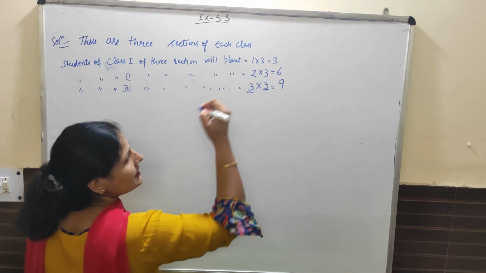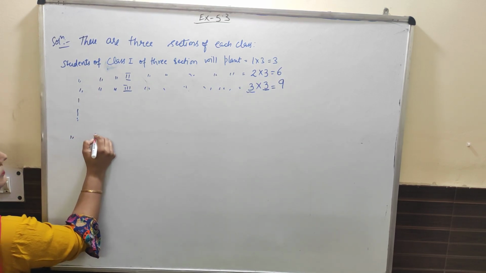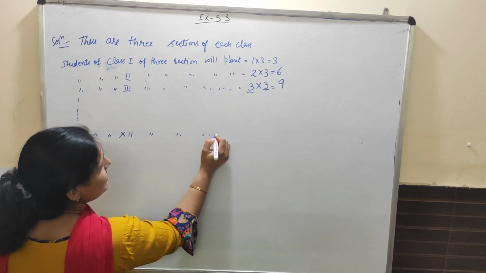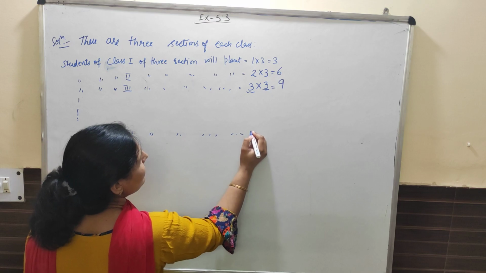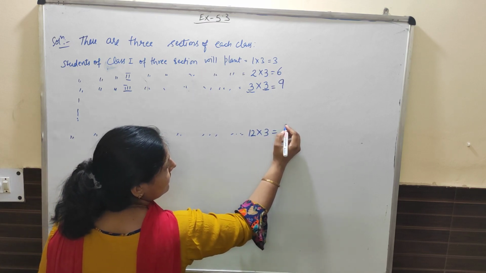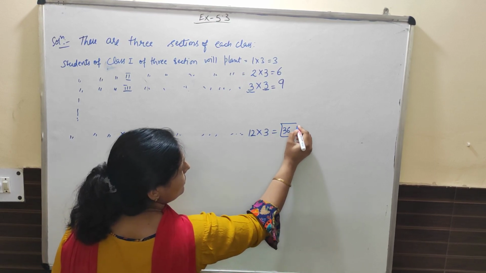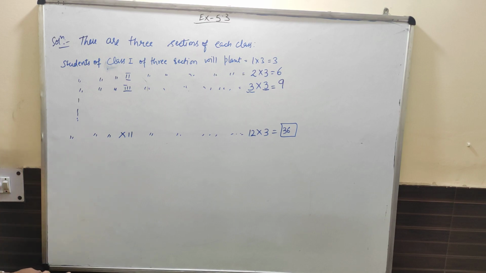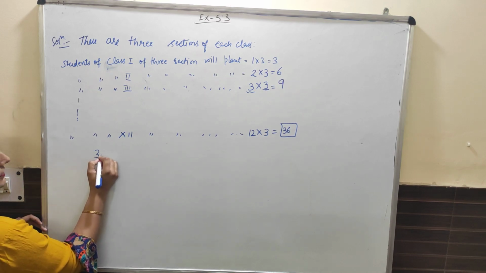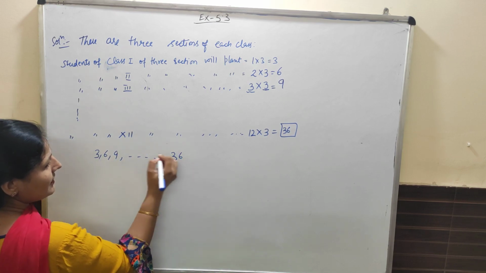Then we get 9 here. And so on. Students of class 12 of 3 sections will plant 12 into 3, that is 36 trees. Okay, we get an AP here. The sequence is 3, 6, 9 up to 36.